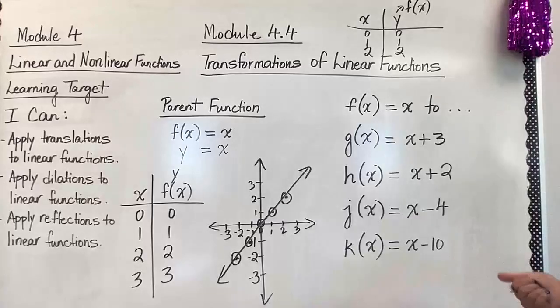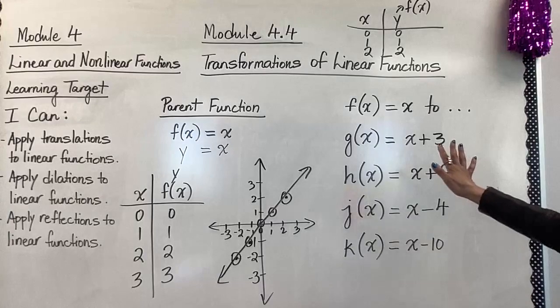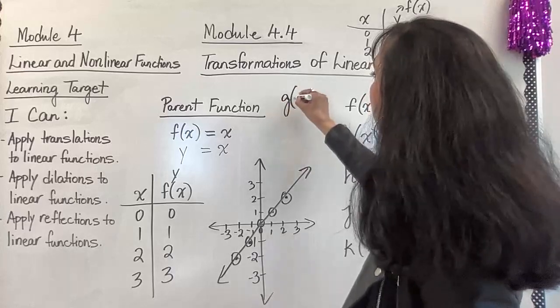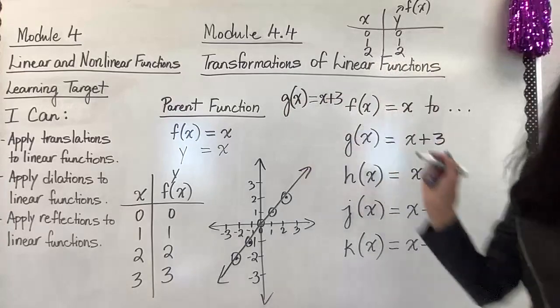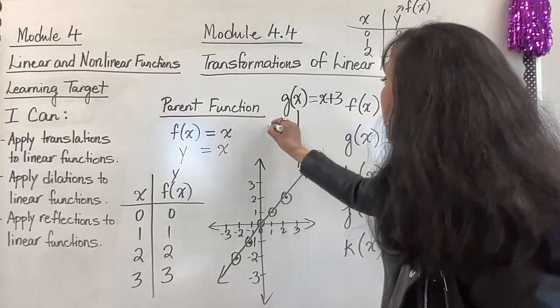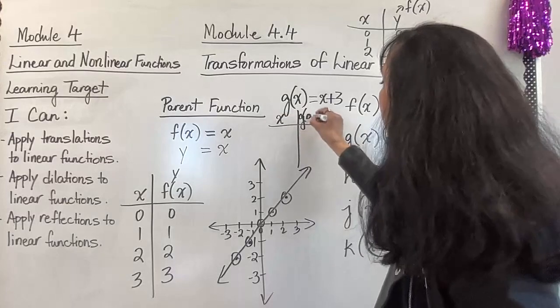So if I were to make another table for this, I'm just going to say g of x is equal to x plus 3, and I am going to make a table for this. I am just going to write over here, this is x and this is g of x.